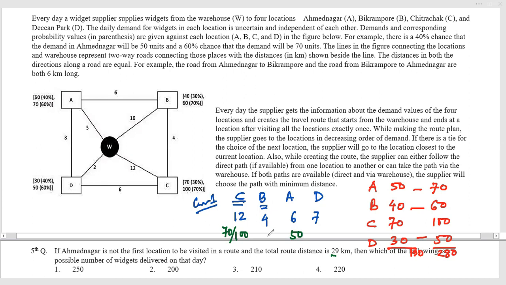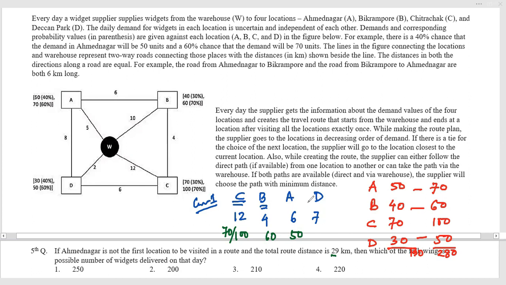But if B is 40, then A is already 50, so it cannot be. So it needs to be 60. But D, the last, is lower than 50.